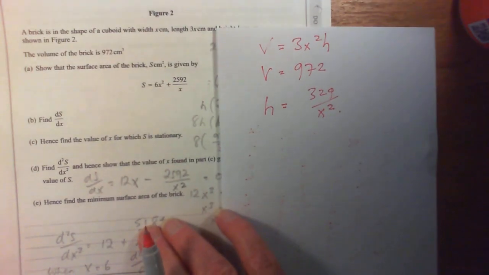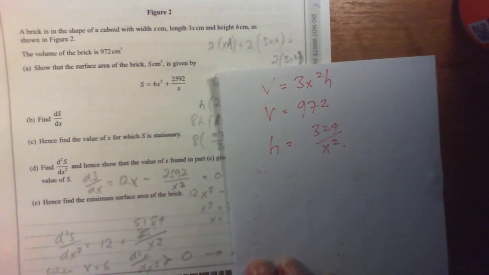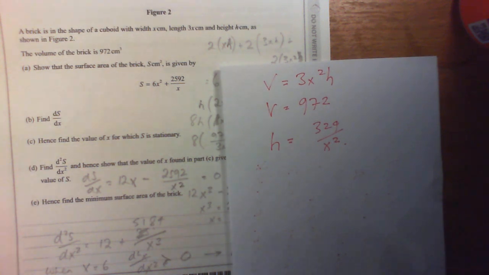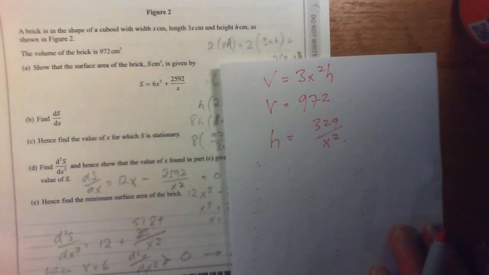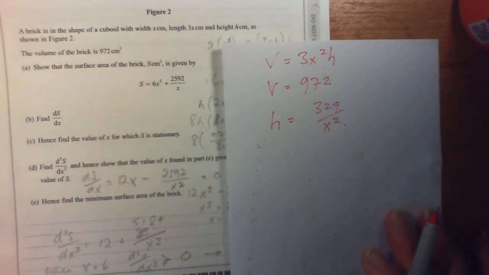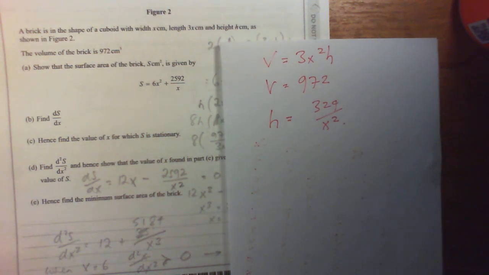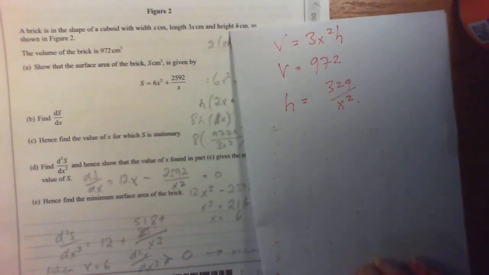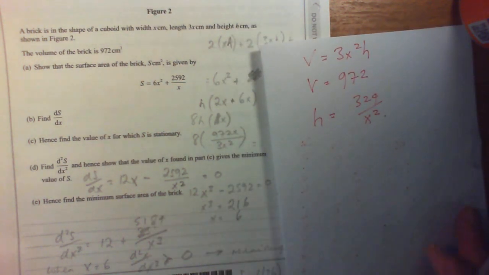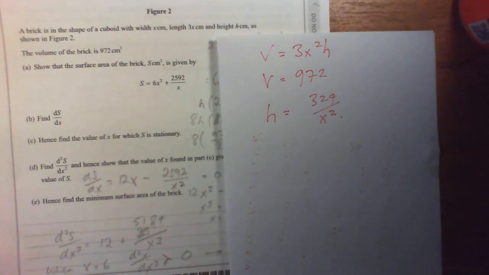Now, having found that expression there, it then says find the derivative with respect to x. Hence find the value of x for which s is stationary, and then find the second derivative and show the value found in part A gives the minimum value of s. So I can say a few general remarks here about differentiation.